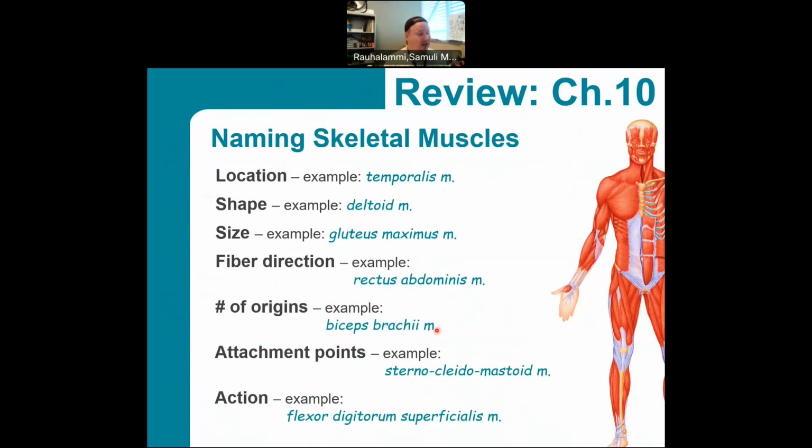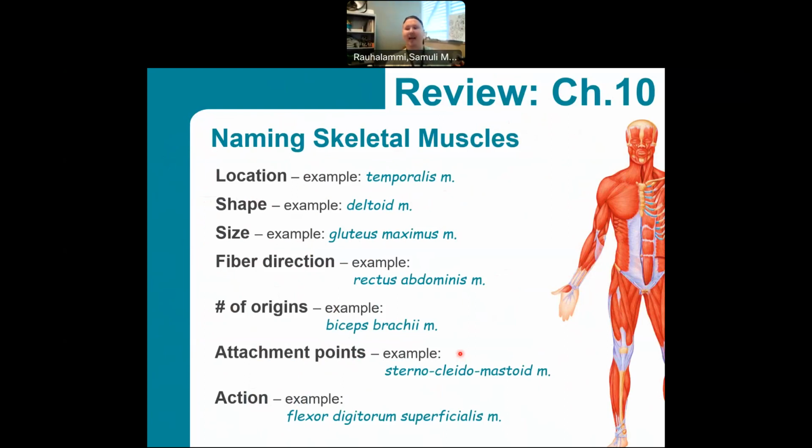We also see that often a muscle name can list the attachment points, the locations where it connects, whether it's an origin or insertion. One of my favorite examples of this is the muscle known as the sternocleidomastoid muscle.